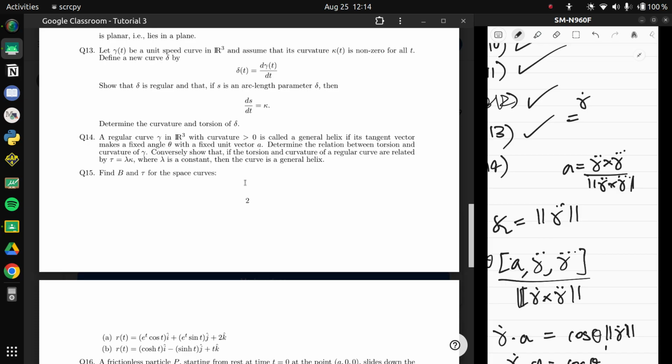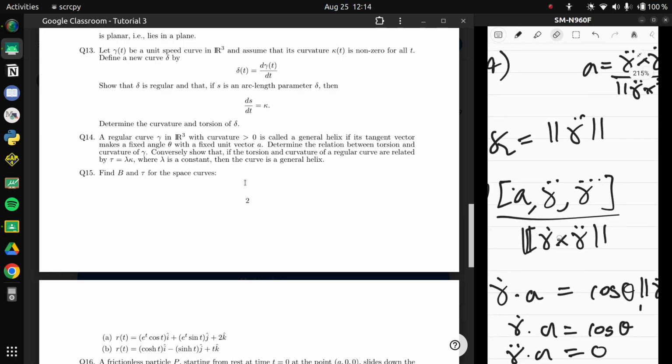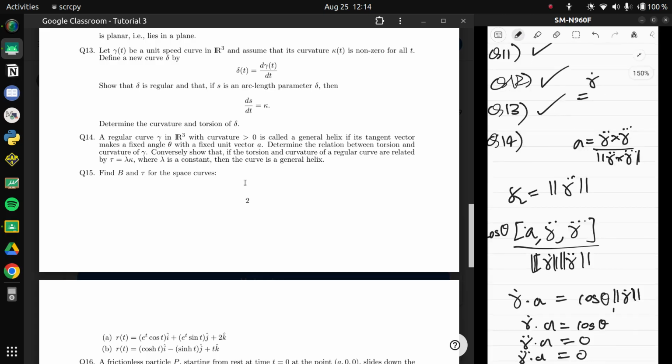Interesting. So then that means gamma triple dot, yeah, it's perpendicular to that, huh? Interesting. In that case, I can just take the magnitudes directly. Isn't that right? Interesting.